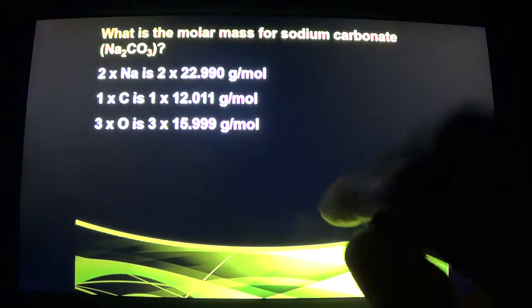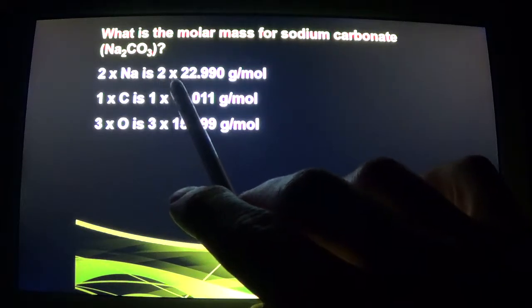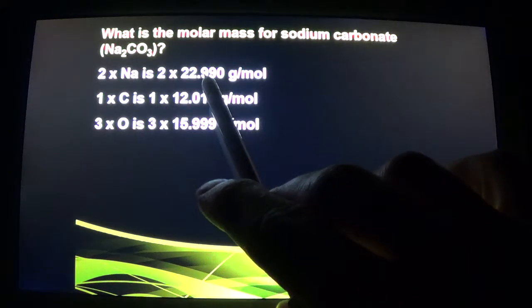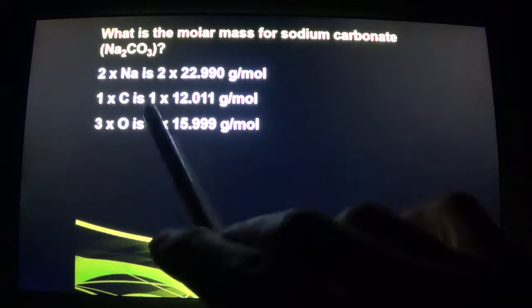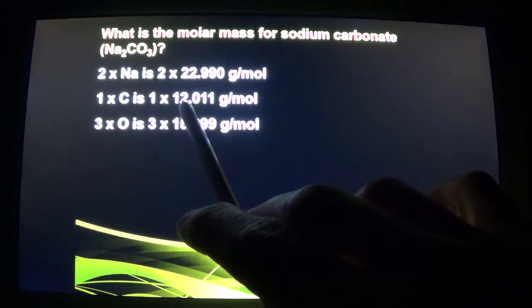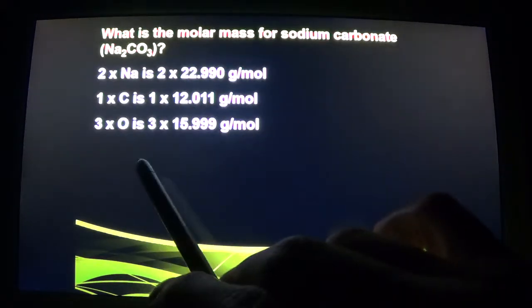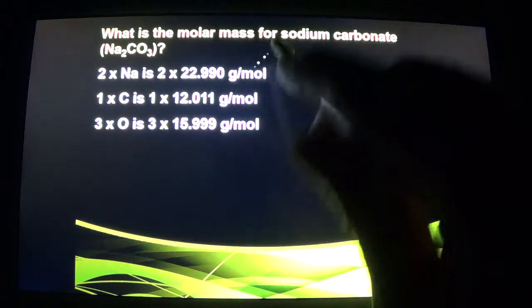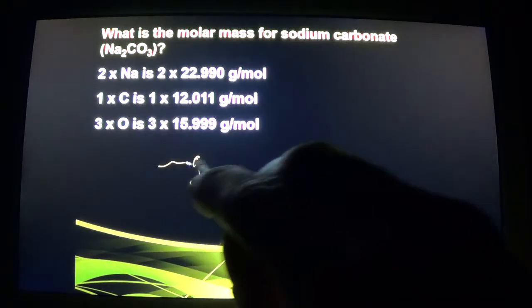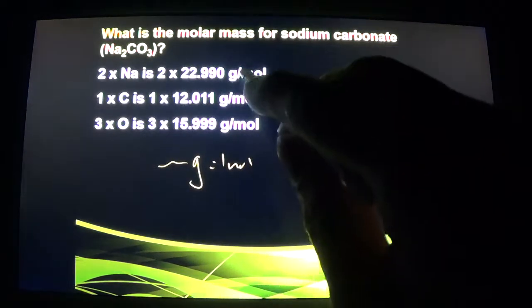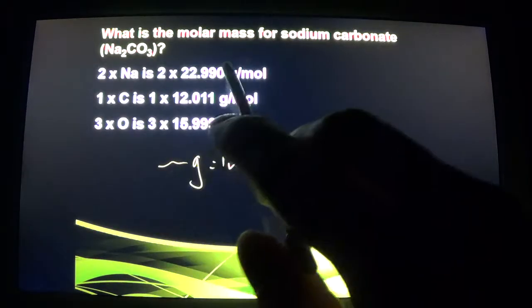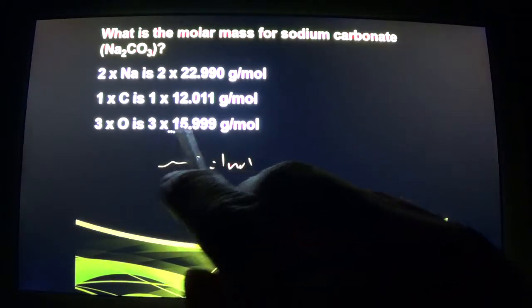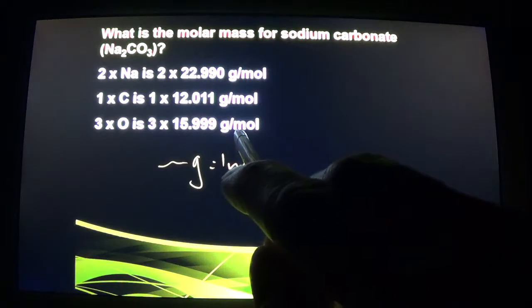So I'm going to take 2 times the number for sodium from the periodic table. I'm going to take 1 times the number for carbon from the periodic table, and that's grams per mole, because again, conversion factor, it's however many grams equals 1 mole. We just don't write the ones. And I'm going to take 3 times the number for oxygen from the periodic table.